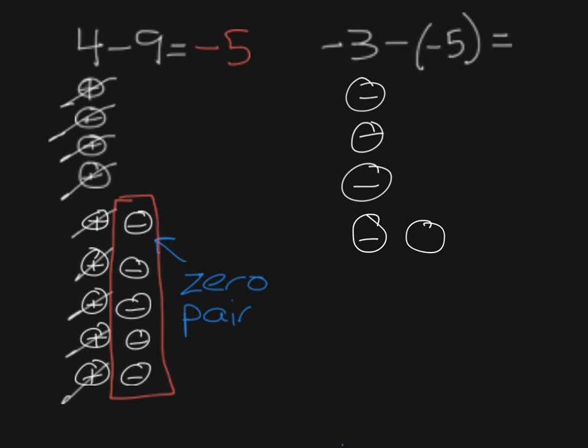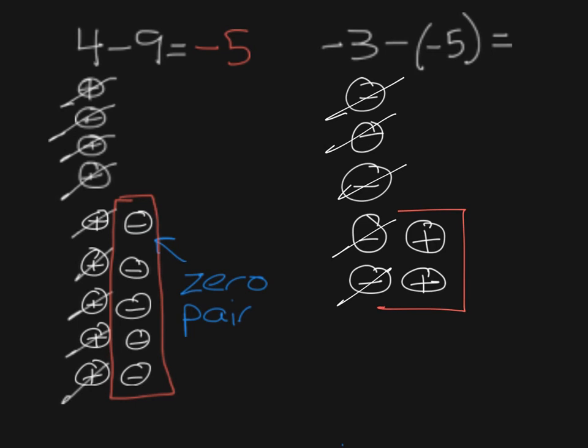So I can add 2 zero pairs, and now I have 5 negatives that I can subtract. If I take these away, 1, 2, 3, 4, 5, I'm left with positive 2.